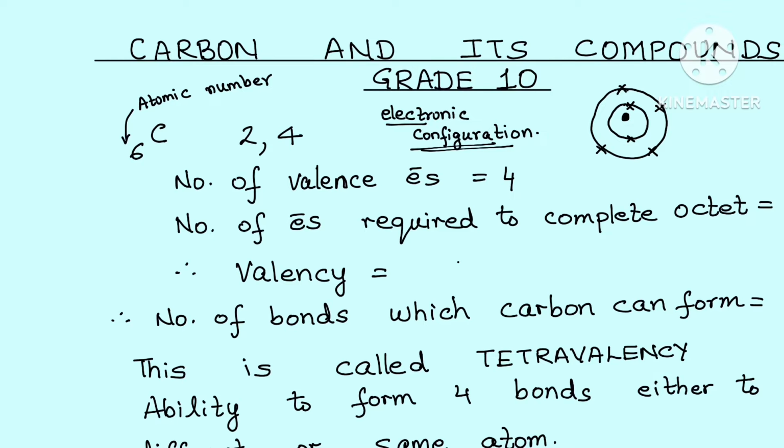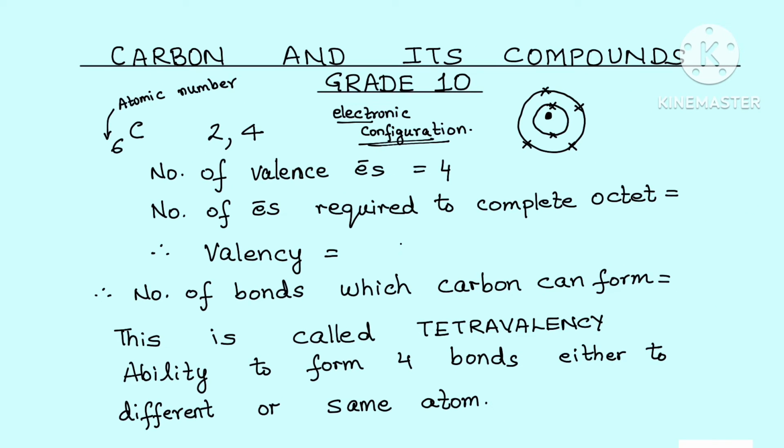We also know the octet rule, that is, any atom in order to be stable requires 8 electrons in its outermost shell, in its valence shell, called the octet, like octopus, octagon.